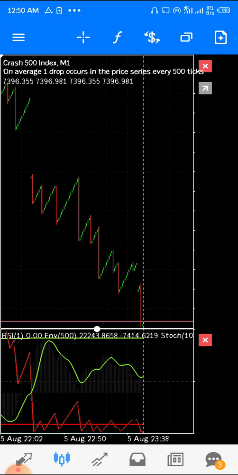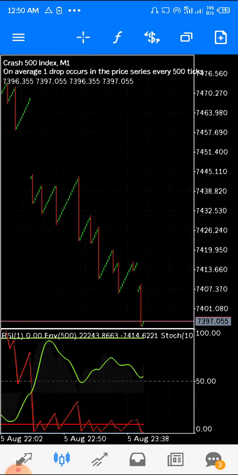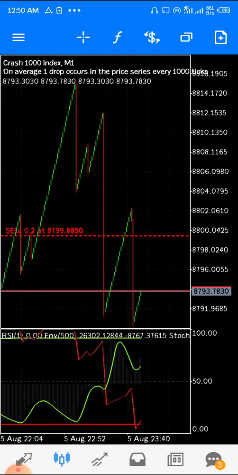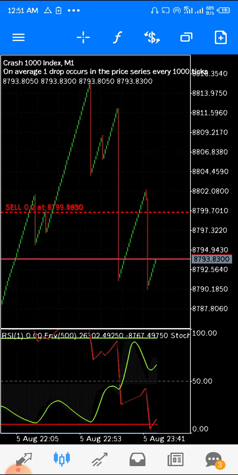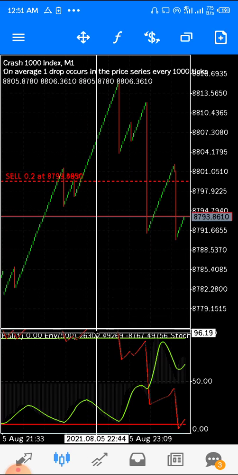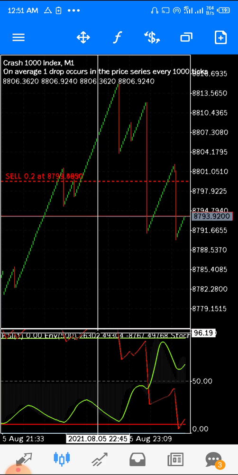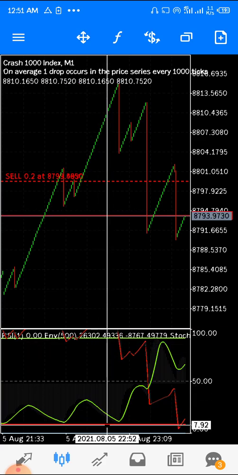So guys, this is how this strategy works. Let me just do a quick recap before I end this video. Now, for you to catch spikes on Crash 1000 and Crash 500, you'll be waiting for the stochastics to drop from this green horizontal line, and the MACD will be rising from this red horizontal line.